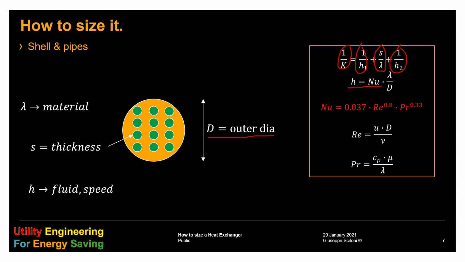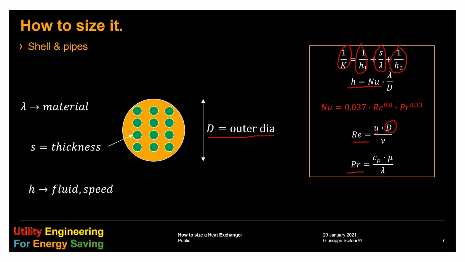Nusselt, on his part, depends upon two other dimensionless numbers, Reynolds and Prandtl, and they also depend upon the fluid property, its temperature, and the geometry, by means of this diameter and also by means of the velocity of the fluid itself.